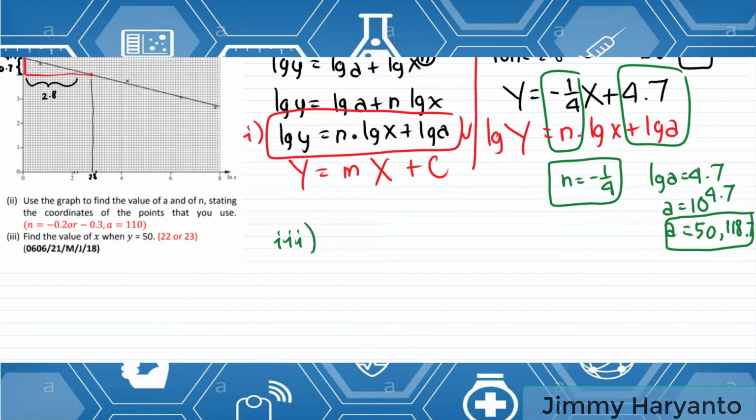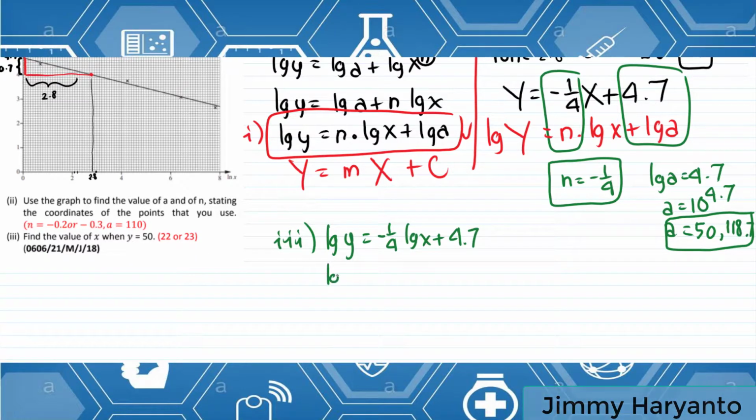And then for the third part we have to find x when y equals 50. We can use this equation: lg y equals n, the n is negative 1 over 4, lg x plus lg a, which is 4.7.